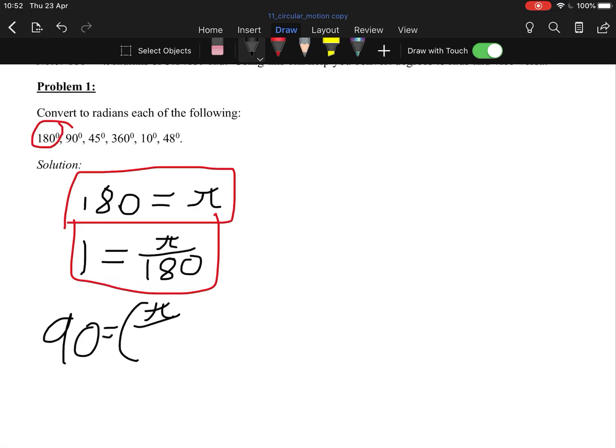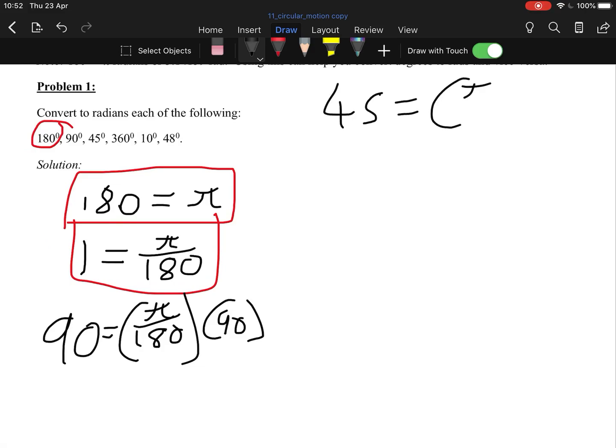So for example, here we have 90. What's 90 going to be? Well, that's pi over 180 times 90. What's 45? Well, 45 would be pi over 180 times 45. What would 360 be?